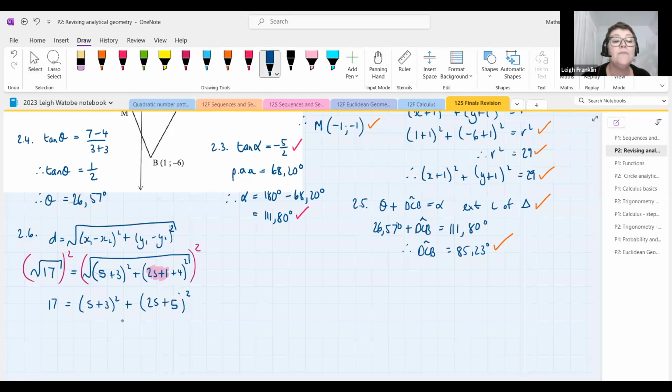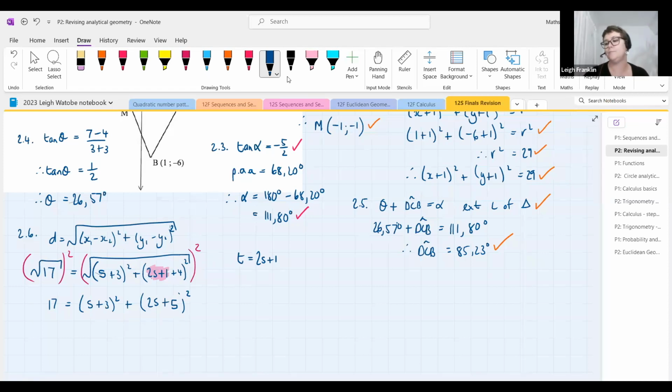So essentially what they've done here is they've given you the one equation, T equals 2S plus 1. The other formula that we're using is distance formula, and we're solving simultaneously. Does that make sense? Is everybody happy with that?